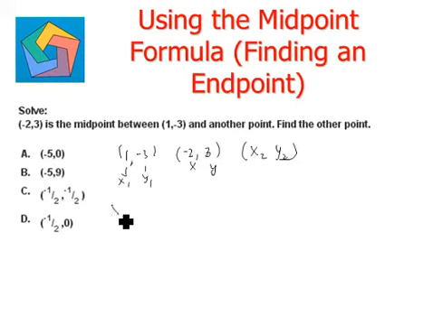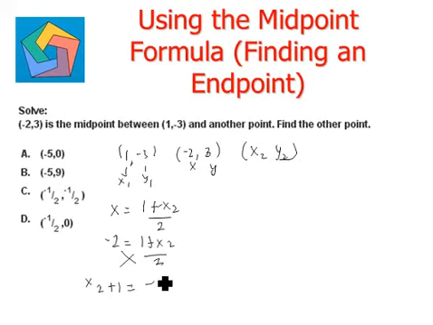So x equals x1 plus x2 divided by 2. My x is -2 equals 1 plus x2 divided by 2. We cross multiply. x2 plus 1 equals -4. We subtract 1 on both sides and we get x2 equals -4 minus 1, which equals -5.